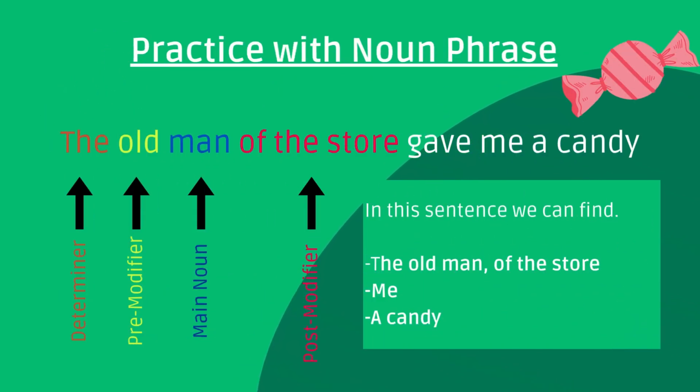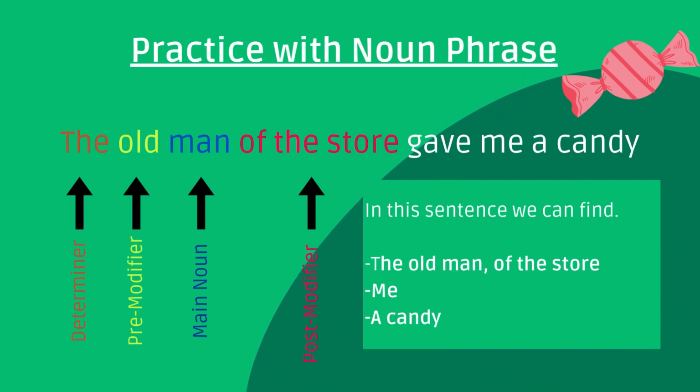Let's practice with noun phrase. The old man of the store gave me a candy. With the formula, we can identify the noun phrase. The noun phrase is the old man of the store. The is the determiner, the definite article.